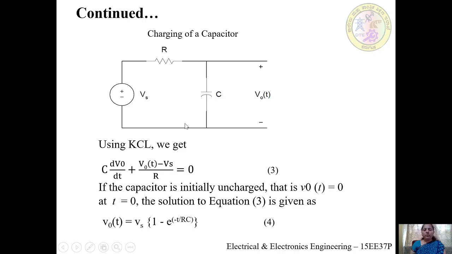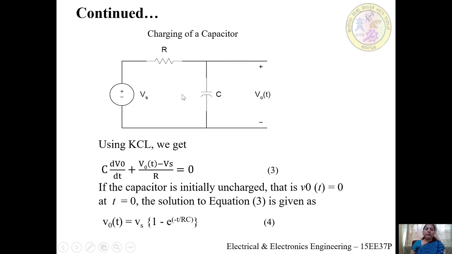And that becomes equal to 0. See what happens here in RC circuit is when the supply voltage is greater than the voltage across capacitor, the capacitor will keep charging, and when this supply voltage becomes less than the voltage across the capacitor, then it starts discharging.